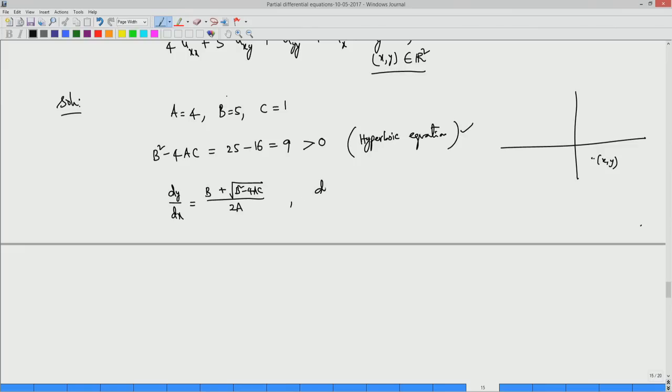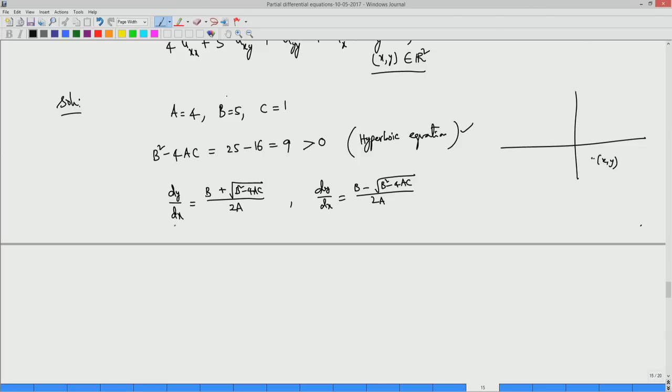This is one, and you consider the other one, b minus square root of b square minus 4ac divided by 2a. So, this is what we have seen. If you make a star and c star equal to 0, and you look for this transformation from xy to xi eta, you see that these are the ODEs you have to solve that fixes your xi and eta.